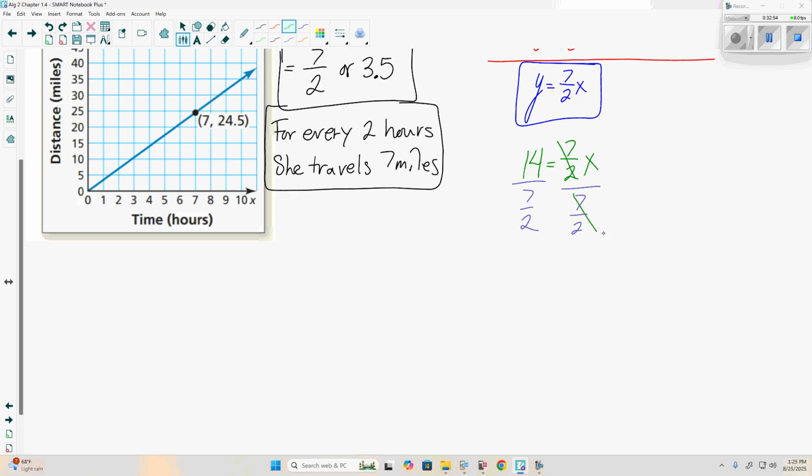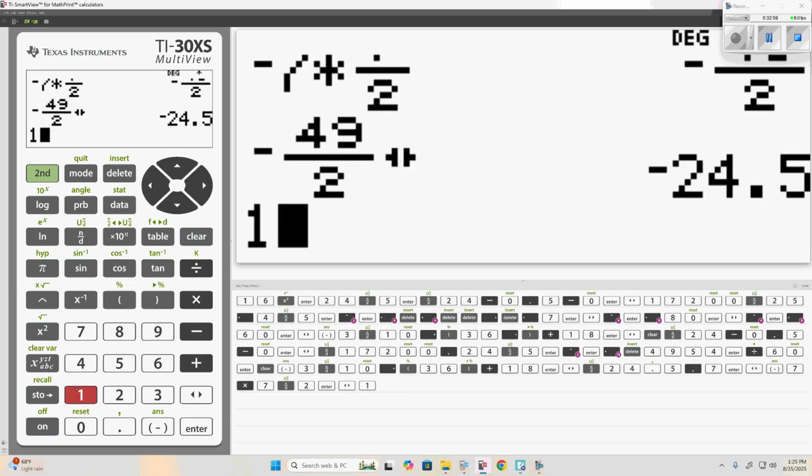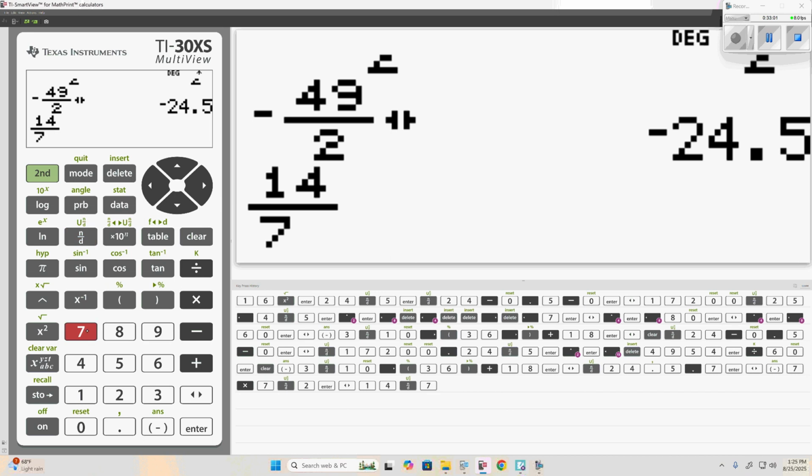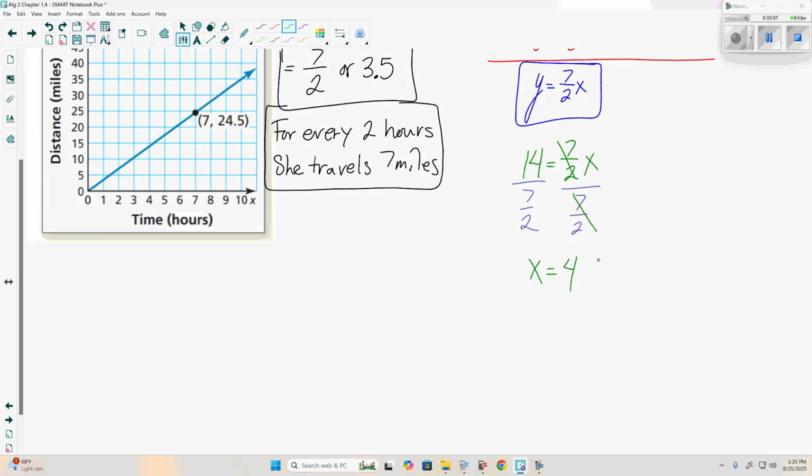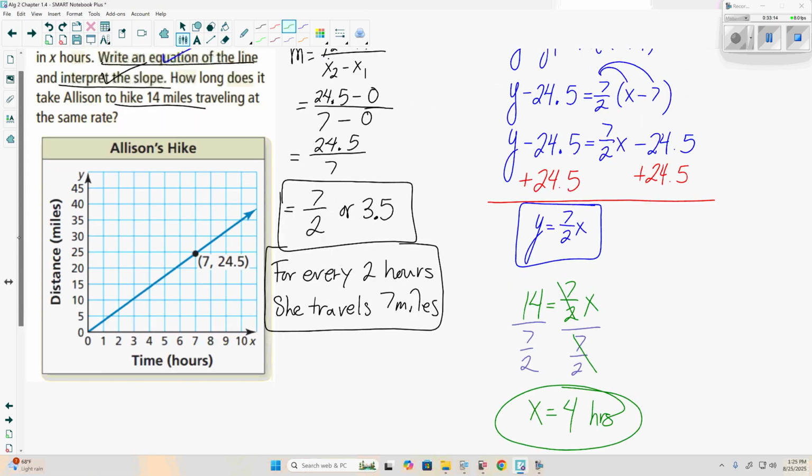So 7/2 and 7/2 will cancel, giving us x. 14 divided by 7/2 is 4, so it takes 4 hours for her to travel 14 miles.